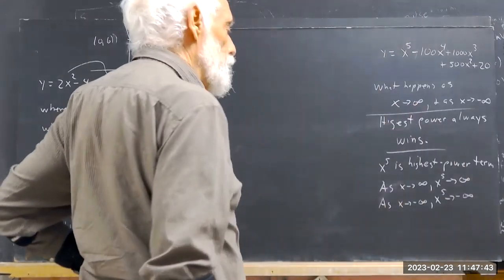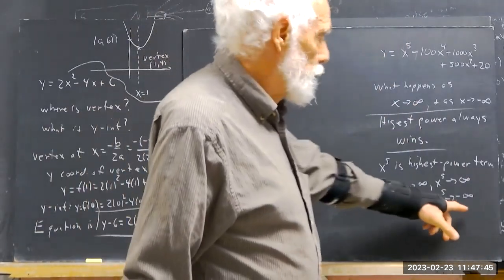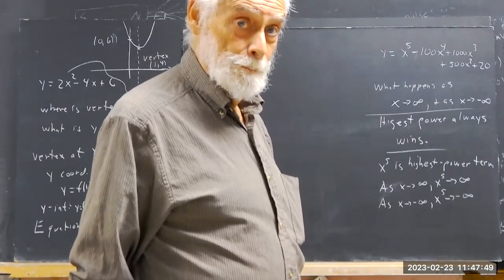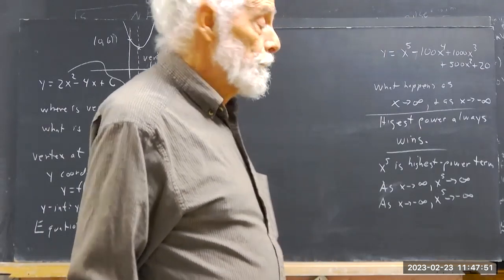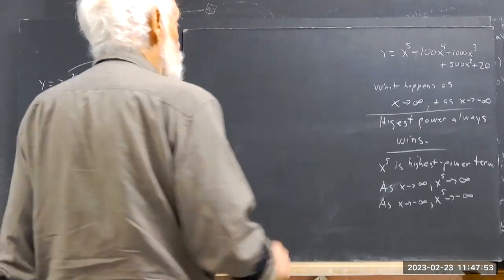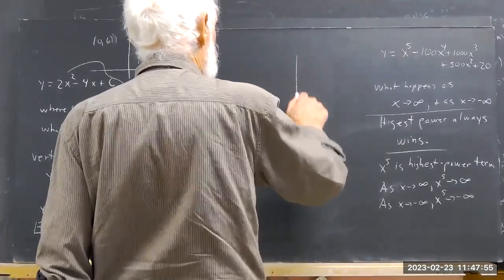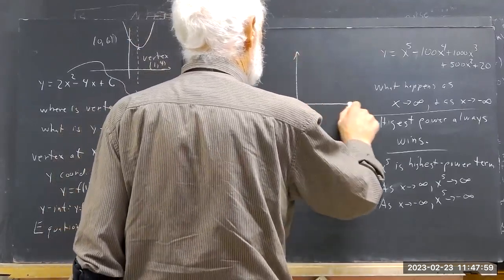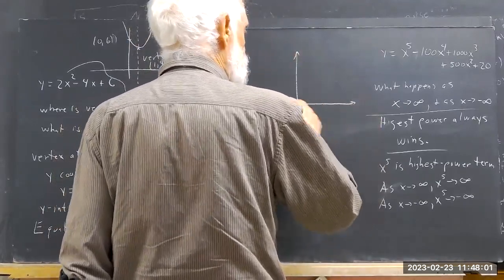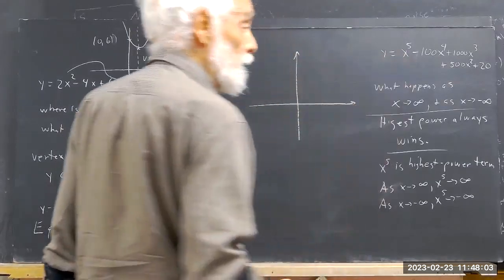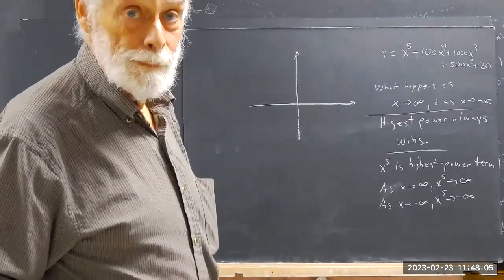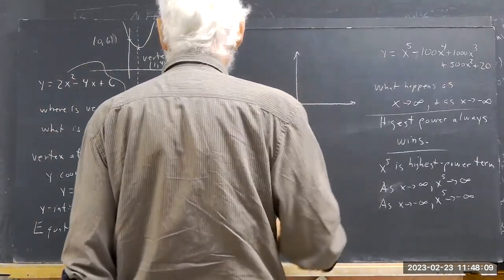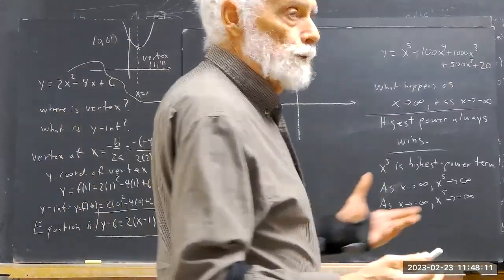And as x goes to negative infinity, x to the 5th goes to negative infinity. Okay. Well, now what I know is that this graph looks a lot like the graph of x to the 5th. And x to the 5th looks a lot like the graph of x cubed.